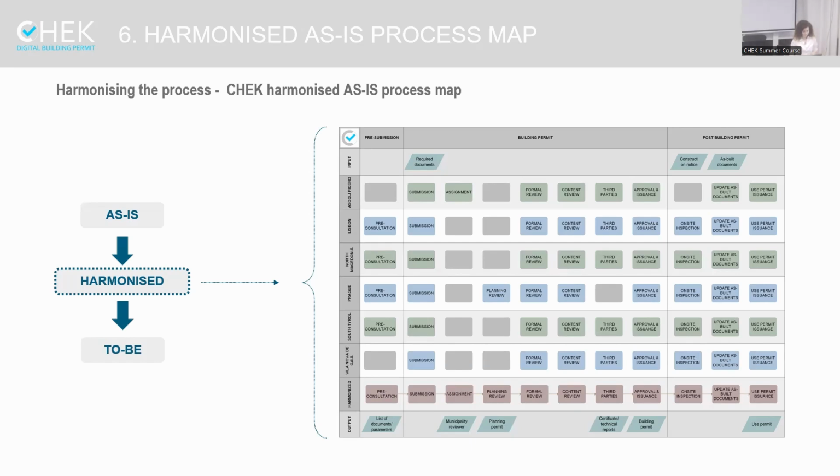What we did is what we see here. In every line of this table you see the steps of the as-is process map from every municipality.